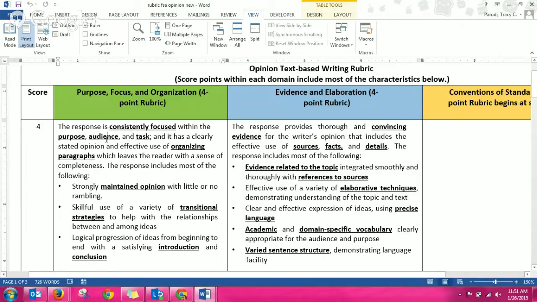You understand the audience. The audience sometimes is not very clear. They don't say you're writing to a group of kindergartners. Well, if you were writing to kindergartners, your word choice would be very simple. You wouldn't use large vocabulary. If they don't tell you your audience, a good guess is that your audience is a teacher or an adult. So you want to try to be very verbose, which means using nice big words.